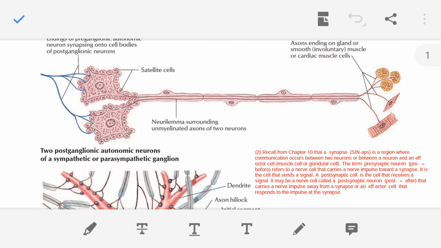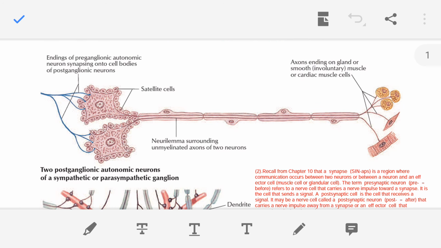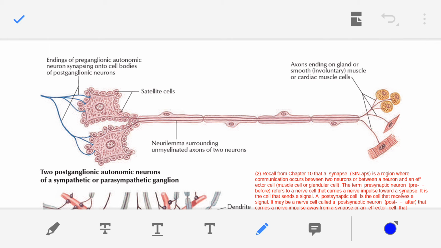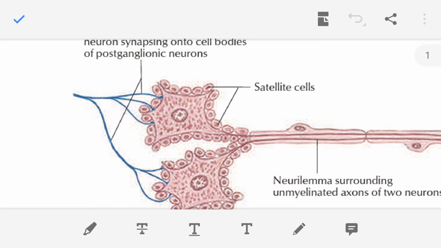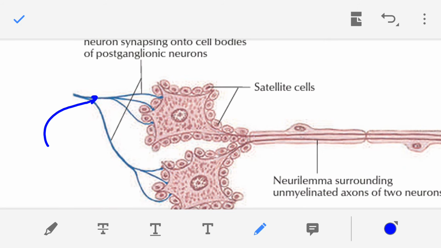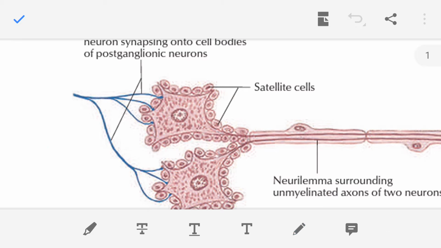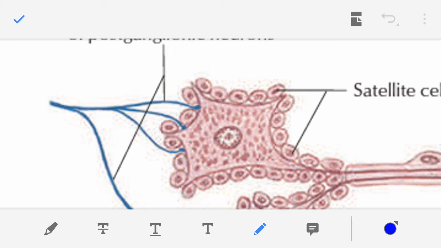Here in this figure, as you can see, these are the two postganglionic neurons, and this one is the presynaptic neuron, and this is the axon terminal.